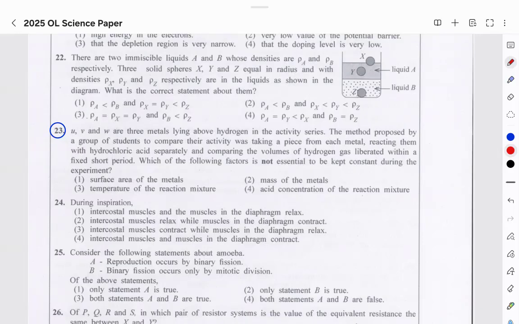Okay. Now, this is regarding the rate of reaction. If you can remember, this is regarding rate of reaction. Right? So students, the first thing is, what does it mean by the rate of a reaction?